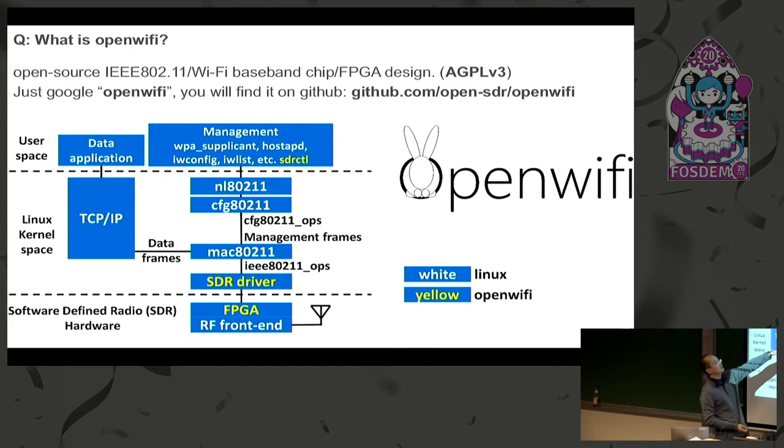We also offer you a very tiny user space tool to communicate with our driver and FPGA. So that's the basic architecture. As you can see, same as a commercial chip. Actually, if you go to our demo, you can use your cell phone to connect to the chip, the Linux running over the chip, and there's hostapd, there's a web server. You can access it just like you access a commercial Wi-Fi router.